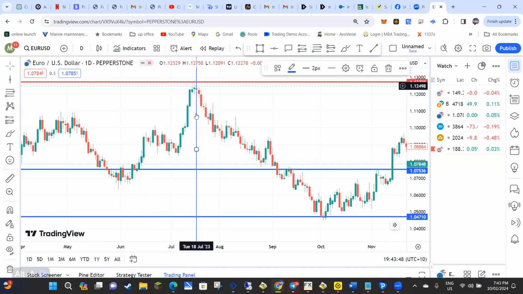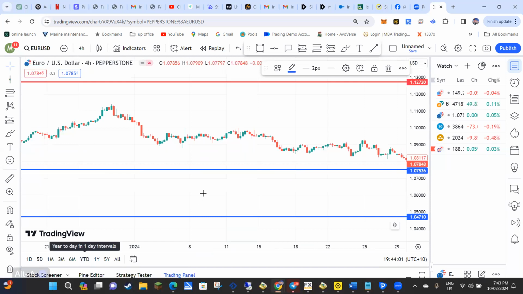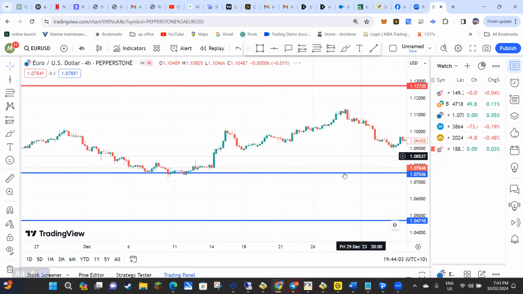So I'm just going to put that vertical line where we identified the top of the market. And then I'm going to go down to the 4-hour time frame and go back to where that was.